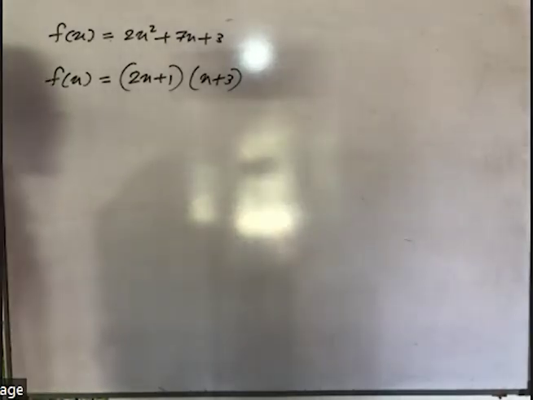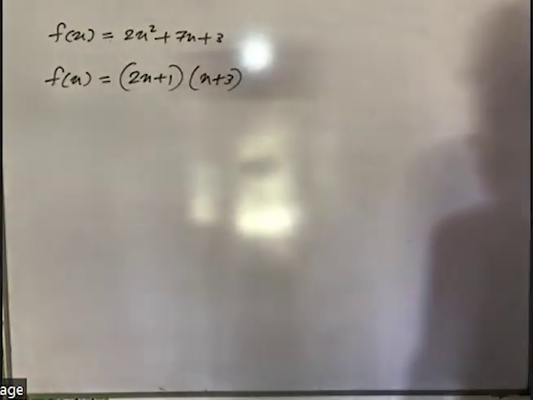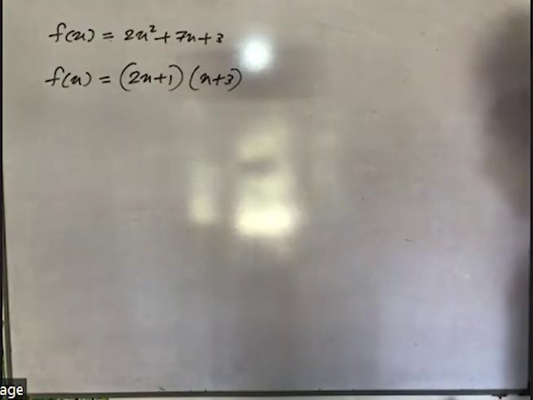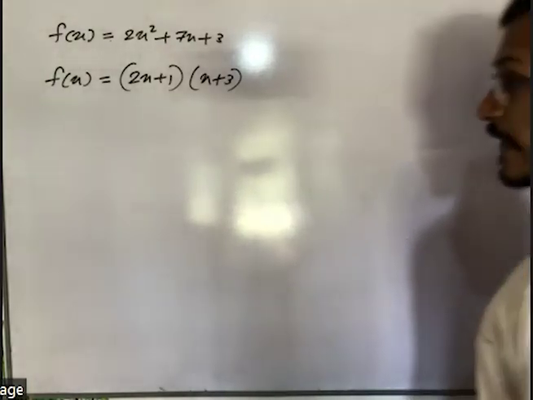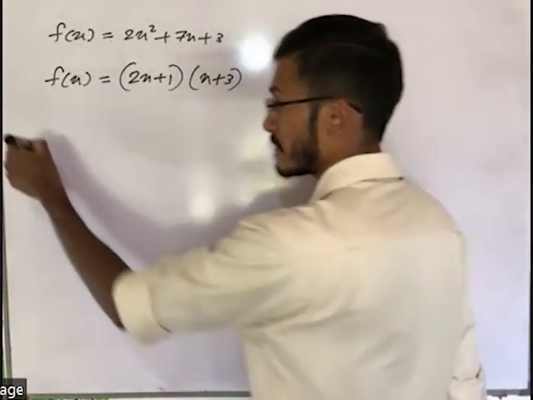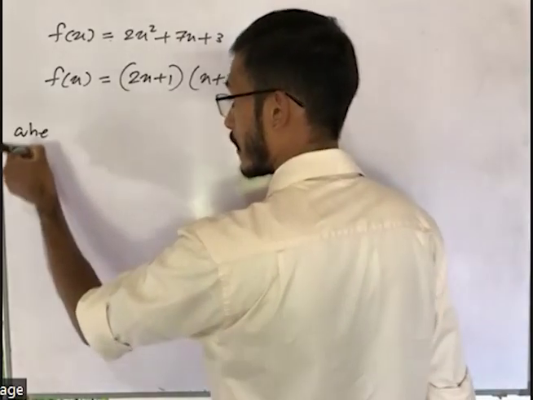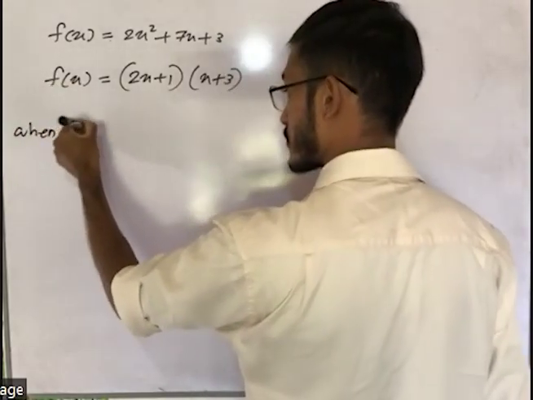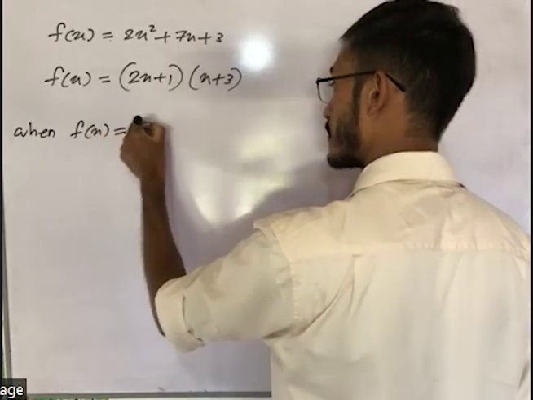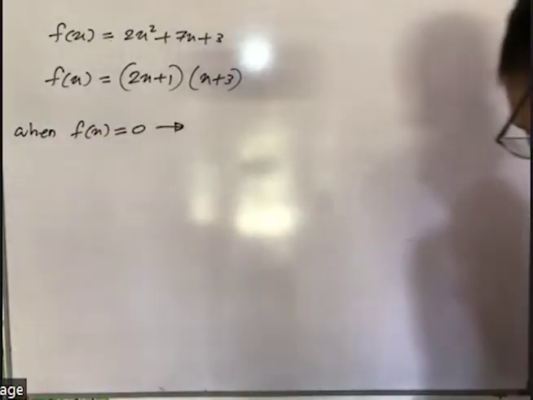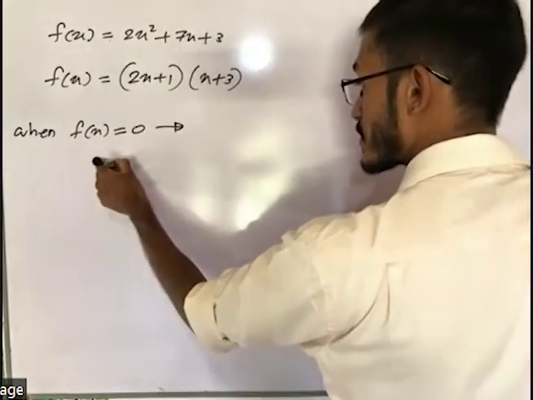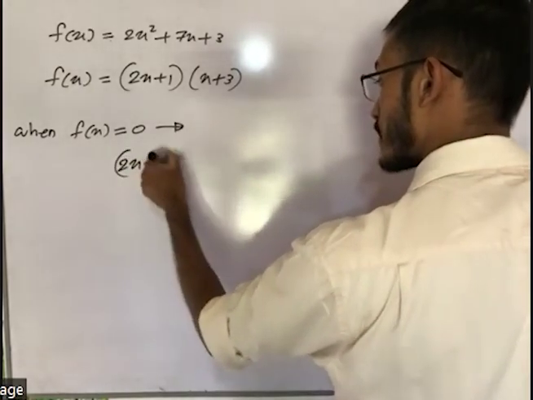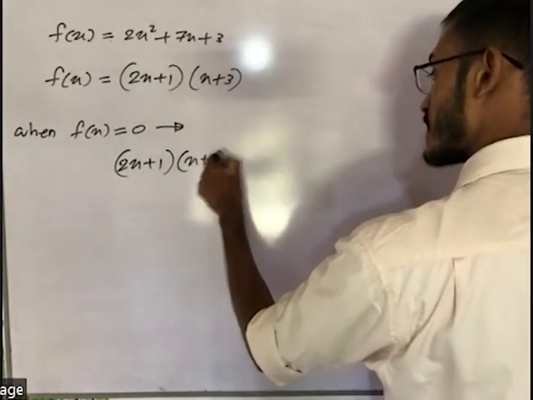Now you can find the intersection points of x-axis and y-axis. To find the intersection points of x-axis, we have to equal this function to 0. So when f(x) equal to 0, (2x plus 1) into (x plus 3) will be equal to 0.